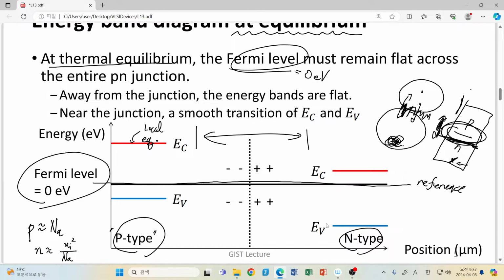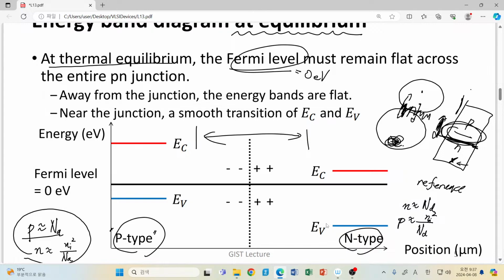The same happens in this part. Yes, the electron density is quite close to Nd, and the hole density is quite close to this form from the mass action rule. So in this case, in order to have electron density or hole density in this way, our Fermi level should be located properly. In order to have more holes, our Fermi level should be close to the valence band.